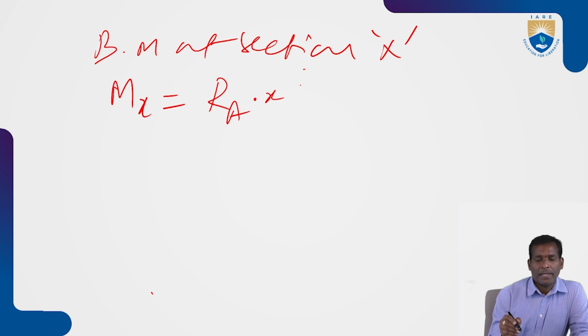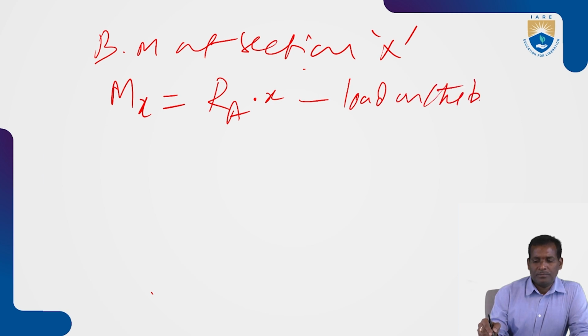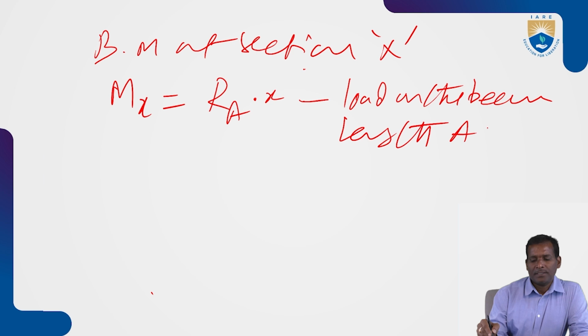As per diagram, MX is equal to RA multiplied with x minus the load on the beam length AX multiplied with the distance at which it acts, which is x by 3.